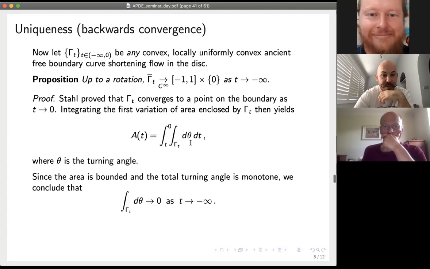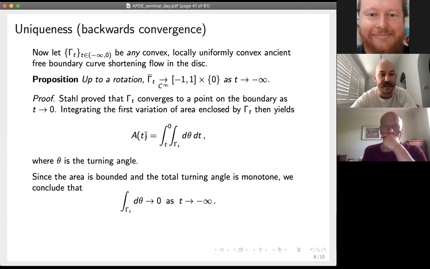Then you observe that the total enclosed area has to be bounded at the very most by pi r squared. And you also notice that the total turning angle is increasing. Those two facts imply that it has to go to 0 as you take t to minus infinity.